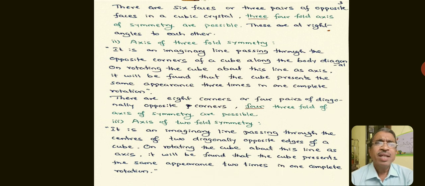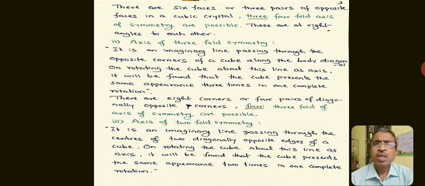Second one, axis of 3-fold symmetry. It is an imaginary line passing through the opposite corners of a cube along the body diagonal. On rotating the cube about these lines as axis, it will be found that the cube presents the same appearance 3 times in one complete rotation.